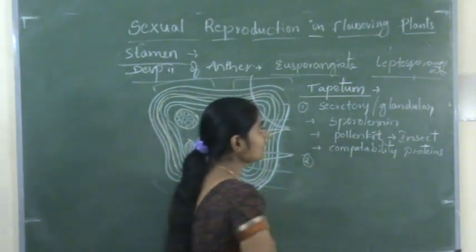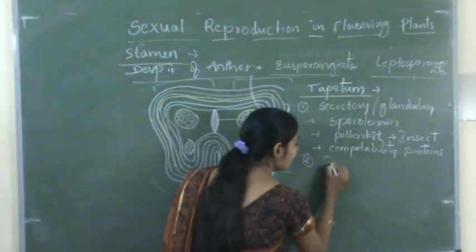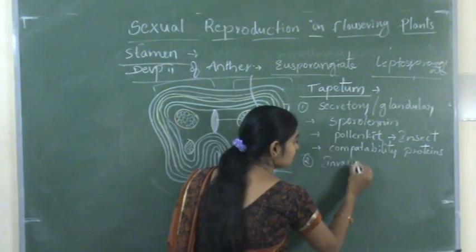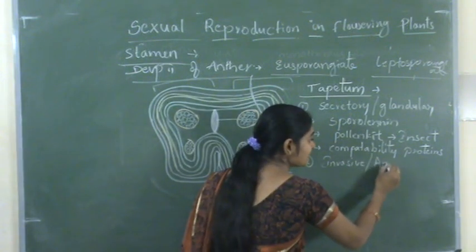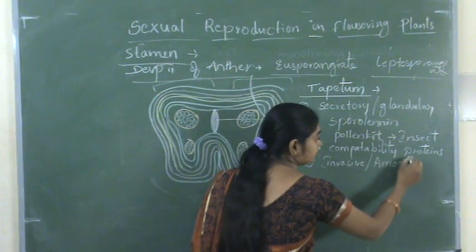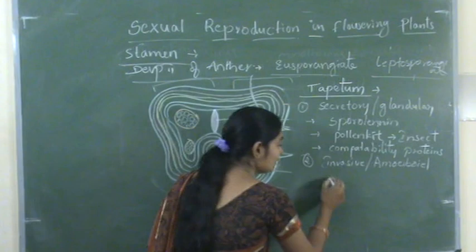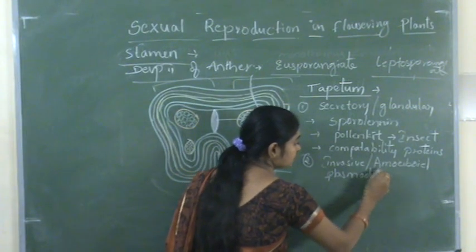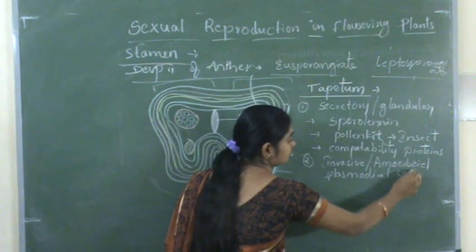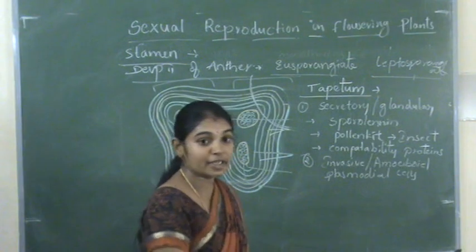And the next layer of the tapetum is the invasive cells, or amoeboid cells, or plasmodial cells.